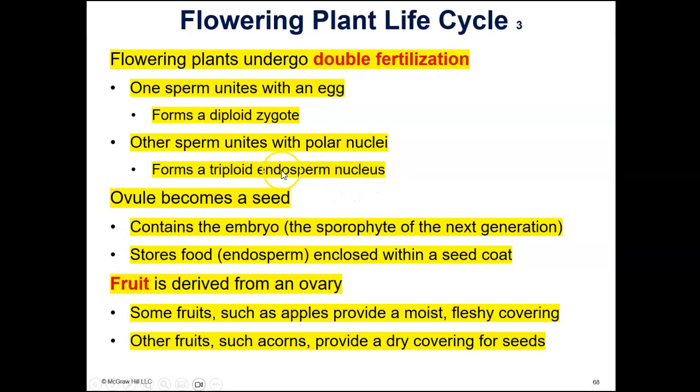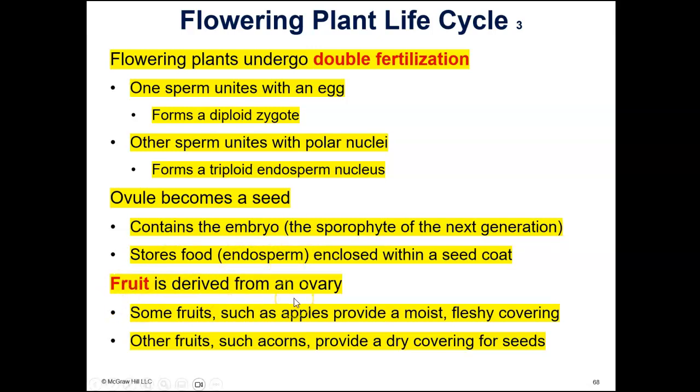That will end up becoming the endosperm, which is the stored food inside the seed.